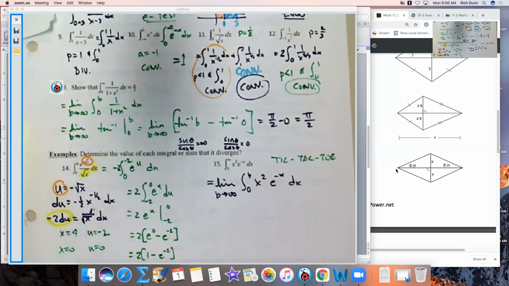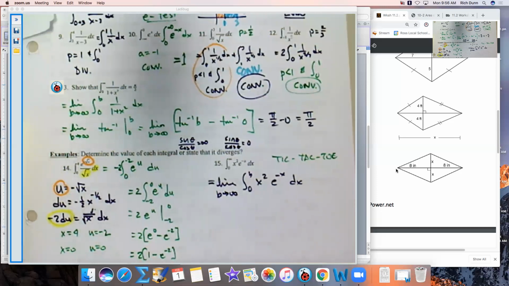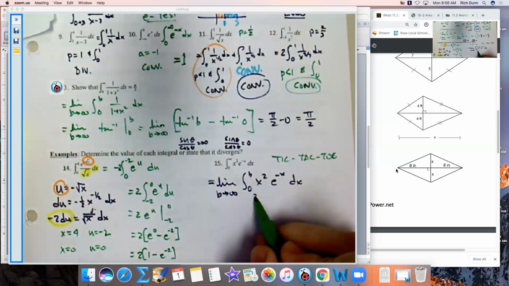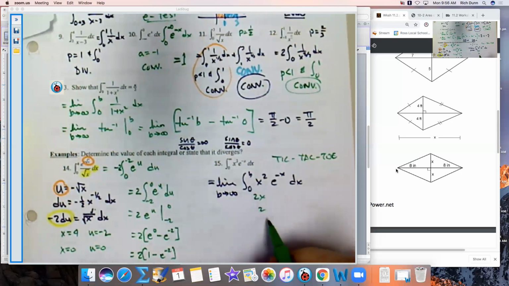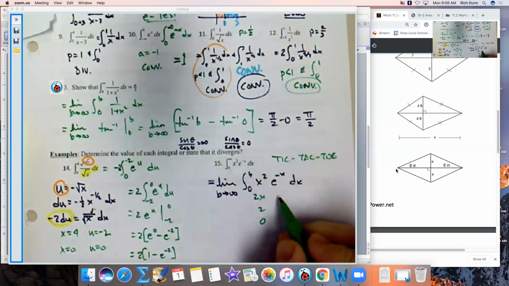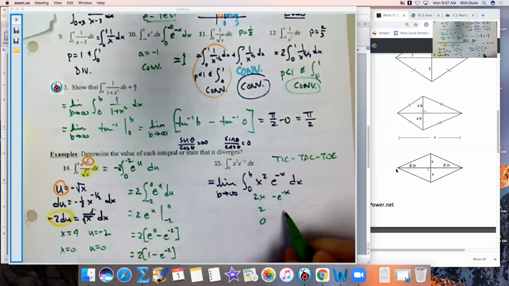So let's take a look at this one and do our tic-tac-toe. So derivative, derivative, and derivative. Antiderivative, which then is going to become a positive, and then it's going to go back to a negative here.